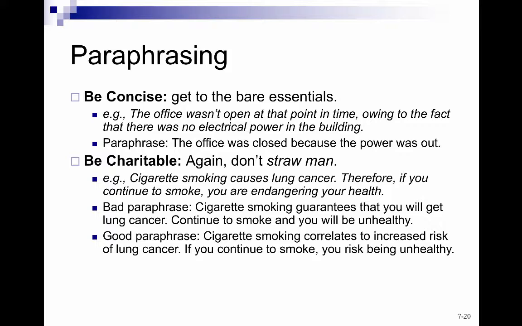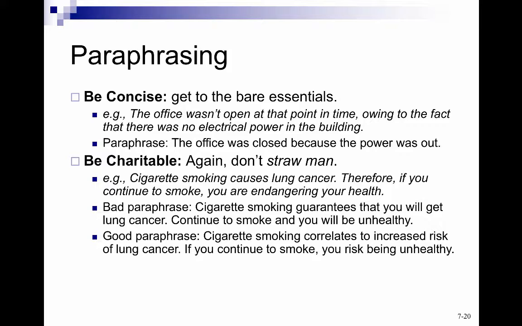Which leads to the next quality of a good paraphrase, conciseness. You leave out irrelevant and unimportant details and get to the essence of the argument's meaning. "The office wasn't open at that point in time owing to the fact that there was no electrical power in the building." Yeah, that's a lot of blah, blah, blah, when really the essence of that is the office was closed because the power was out.